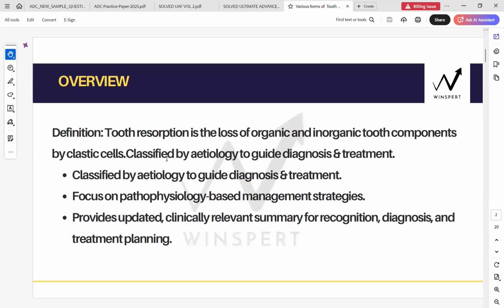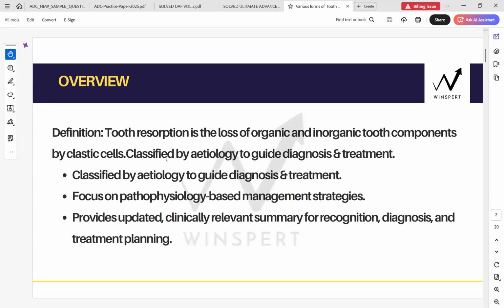First of all, we need to learn what the various forms of tooth resorption really mean. Tooth resorption is when you start losing tooth structure, both organic and inorganic components. We know the hard tissues, enamel, cementum and dentine, are composed of an organic as well as an inorganic component.